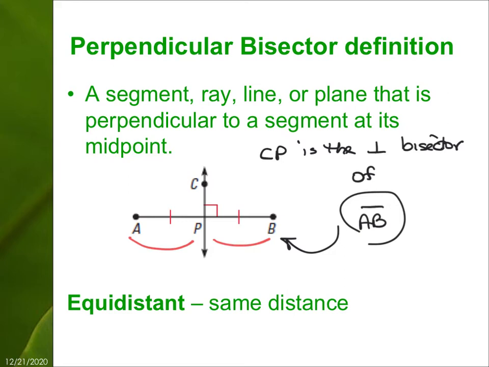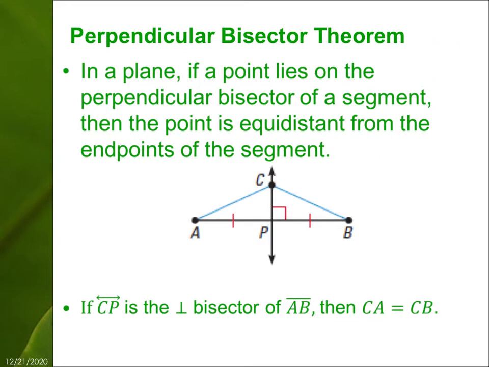Now, next, we're actually going to see the perpendicular bisector theorem. And what this states is, in a plane, if a point lies on the perpendicular bisector of a segment, then the point is equidistant, which means the same distance, from the endpoints of the segment. So here they're taking this little paragraph and writing it based off of this picture.